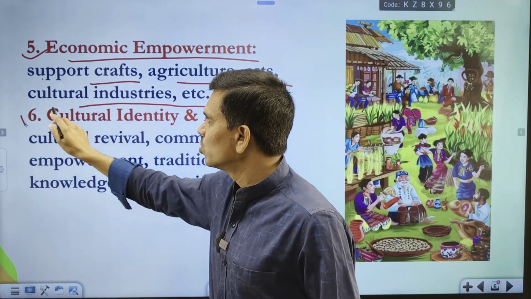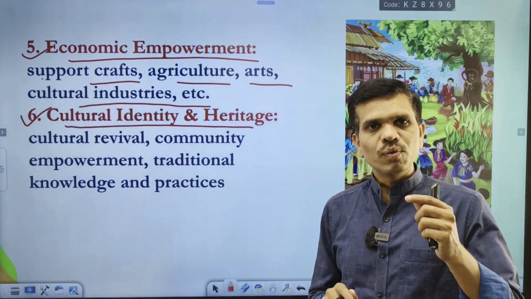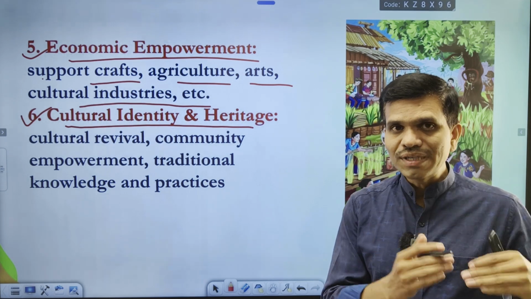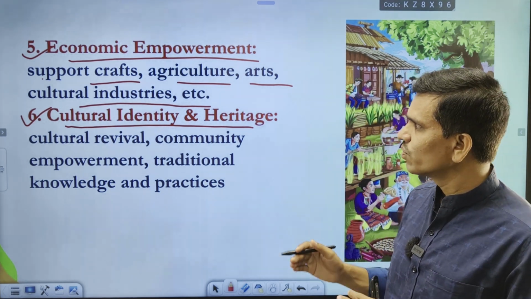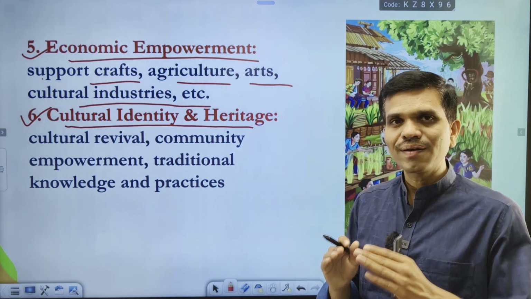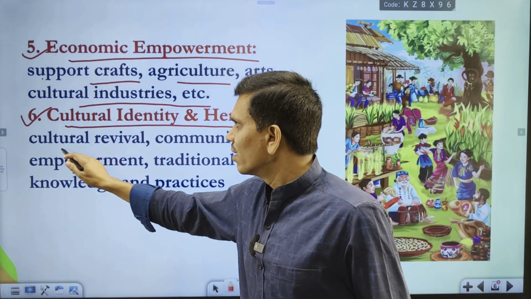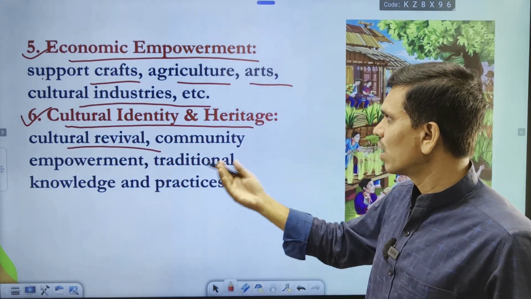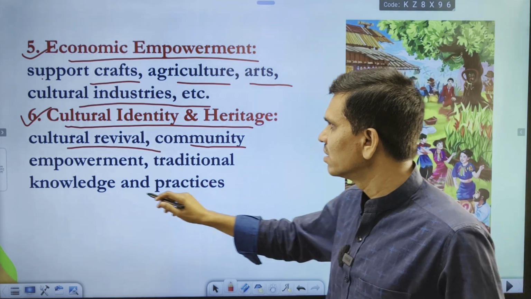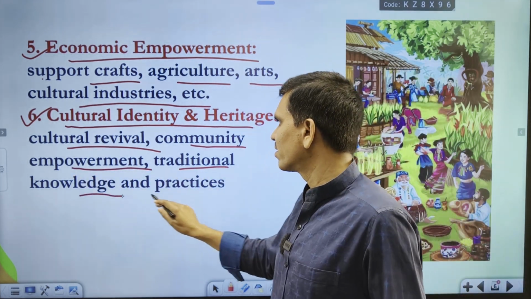The sixth objective of IKS is cultural identity and heritage, because we are rooted in our culture, so we must be proud of our culture, and we must preserve our cultural identity and heritage. For that, we can revive our culture and community, and we can empower our community through traditional knowledge and traditional practices.